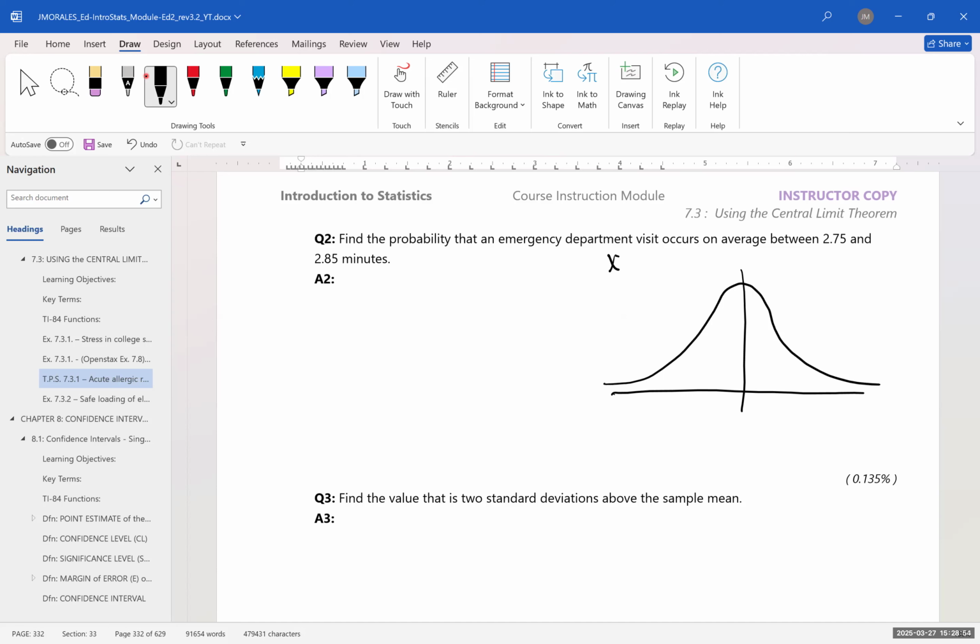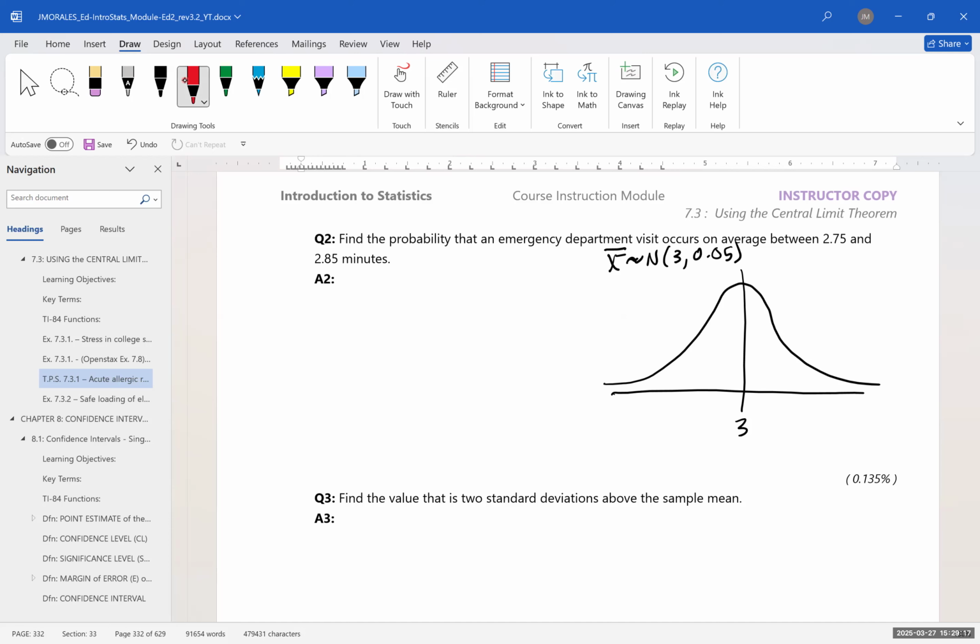So the distribution of sample means will look like this. It's normally distributed with a mean of 3 and a standard deviation of 0.05. All right.